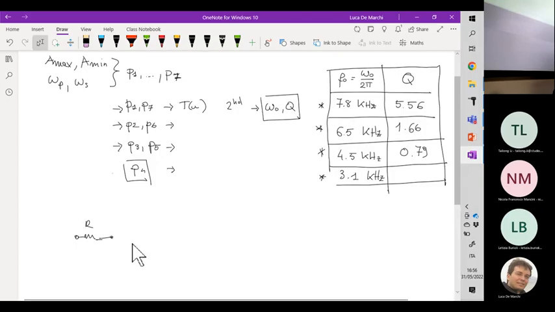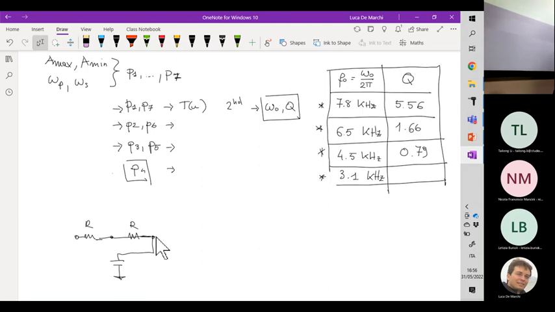So resistor, second resistor, capacitor connected to the ground.